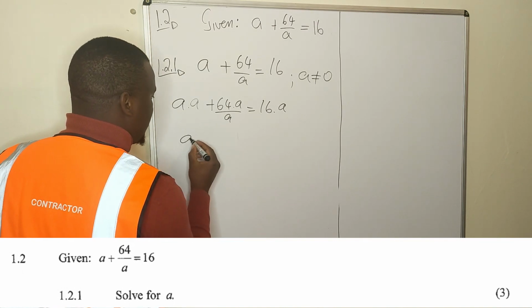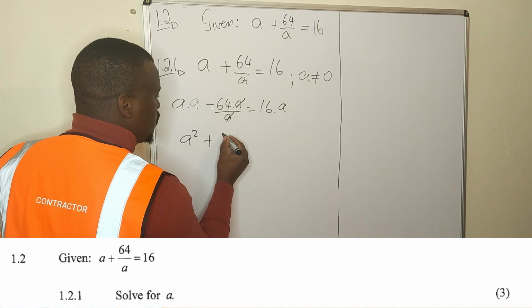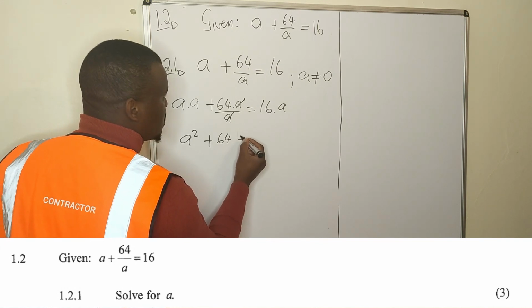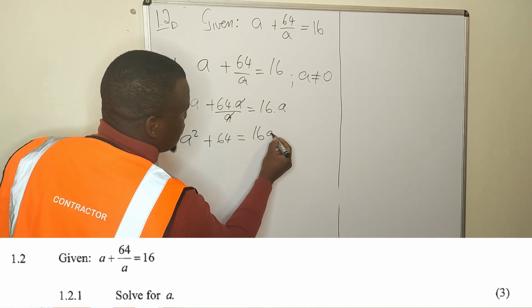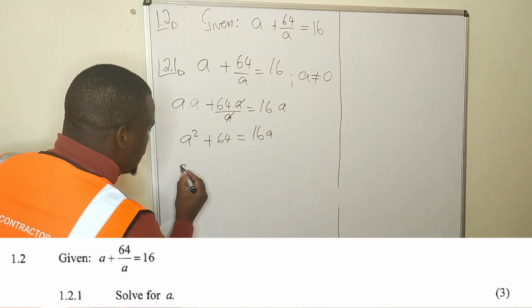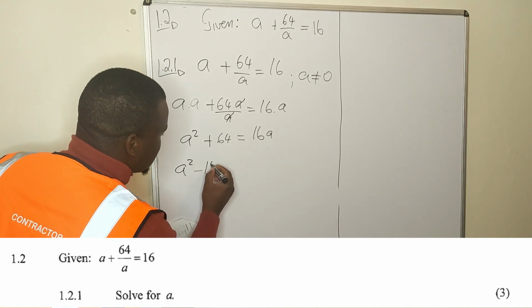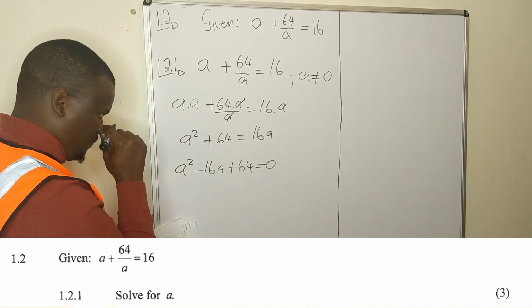So a times a, we have a squared, plus 64, which is equal to 16a. Transfer the 16a to the other side. You have a squared minus 16a plus 64 is equal to 0.